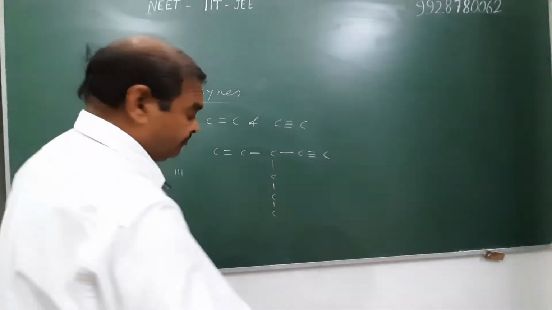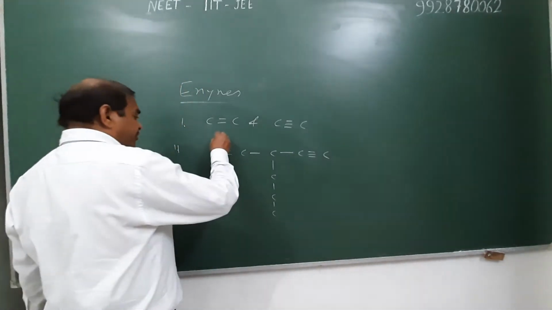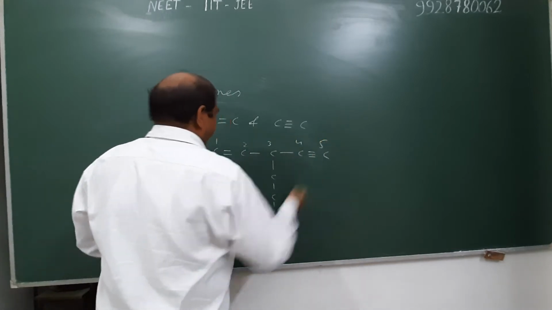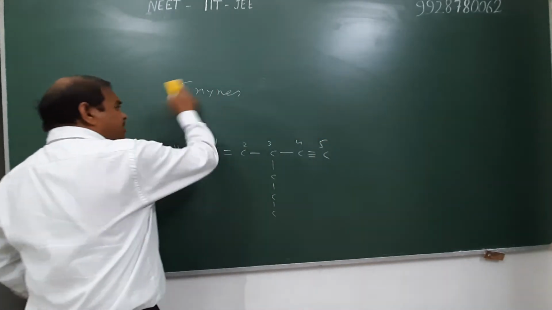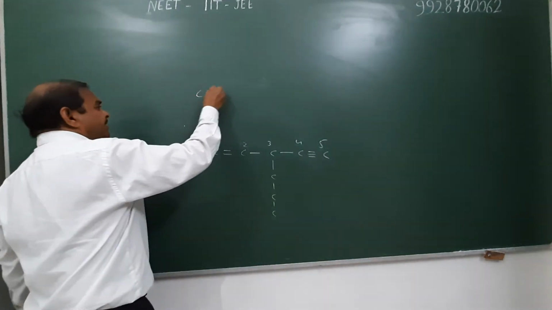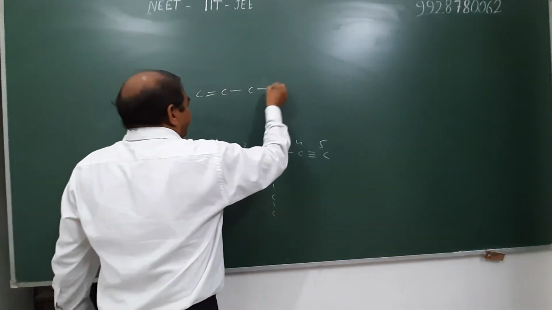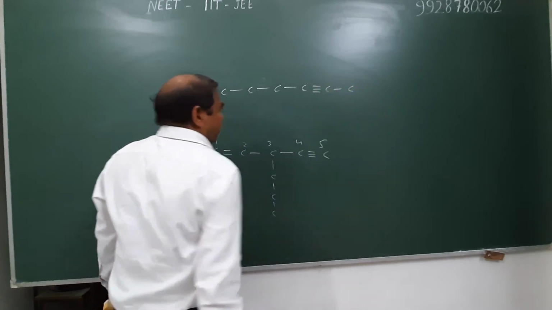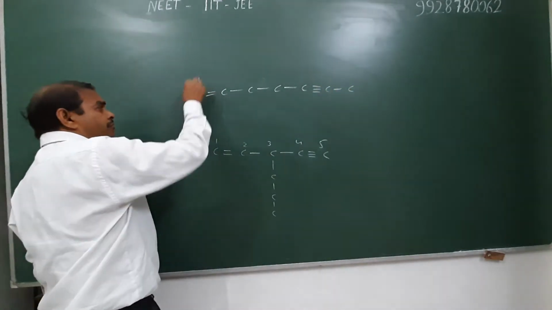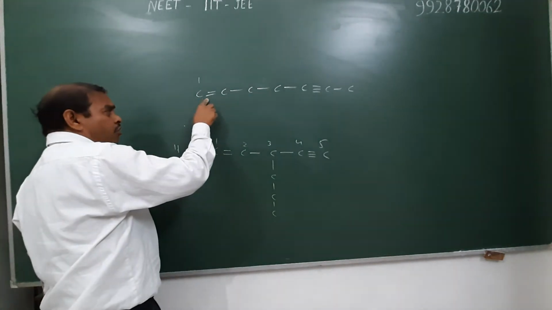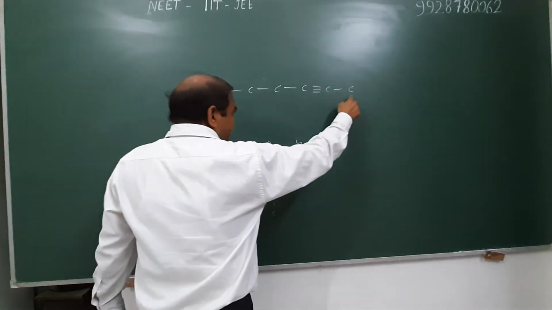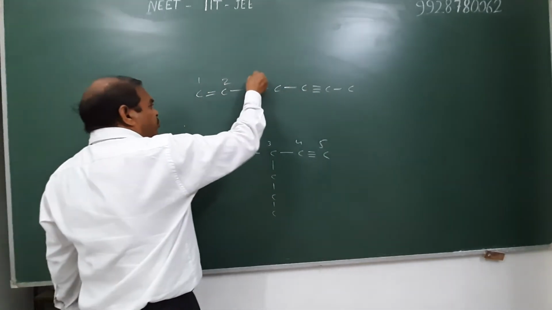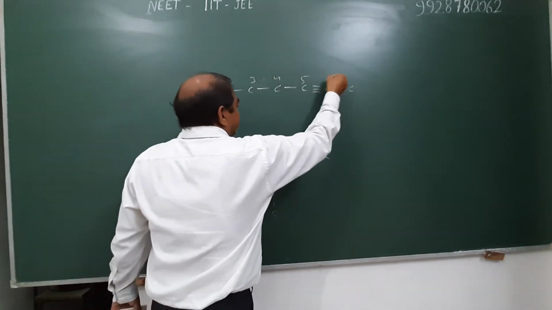For example, we start numbering from this end 1, 2, 3, 4 and 5. In case of this compound, we give minimum position to the multiple bond. We start numbering from this end because the double bond occupies the first position and the triple bond the second, hence 1, 2, 3, 4, 5, 6 and 7.